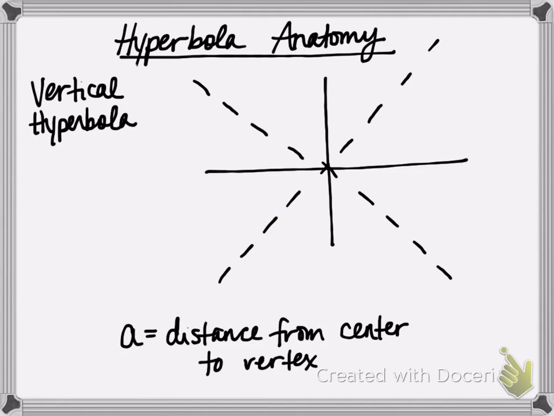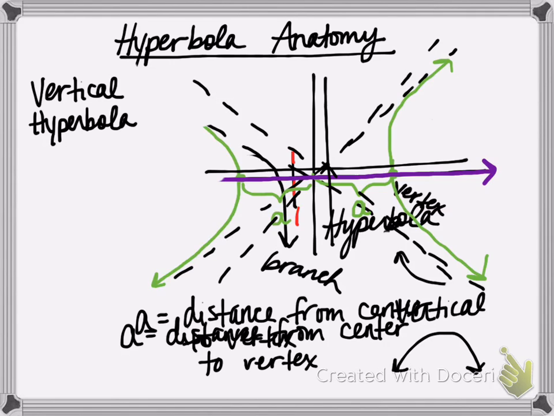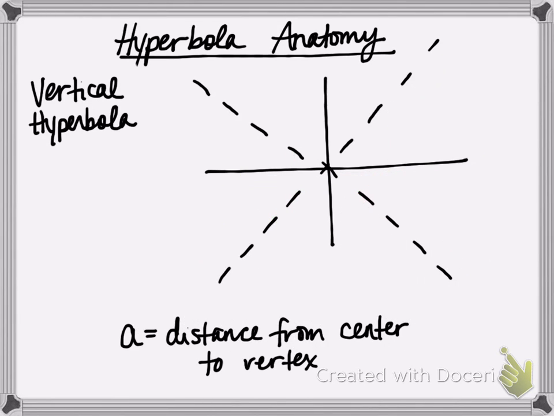We're going to travel up a distance of A, and that's going to give us our vertex, and then we'll go down that same distance of A to get to my other vertex. So once again, I'm going to have two vertex points.